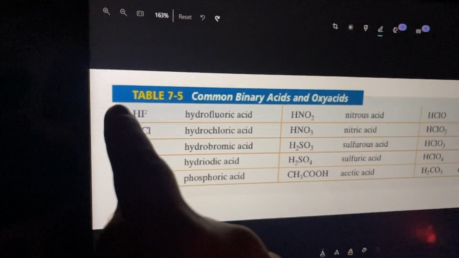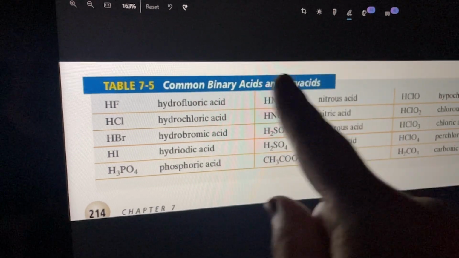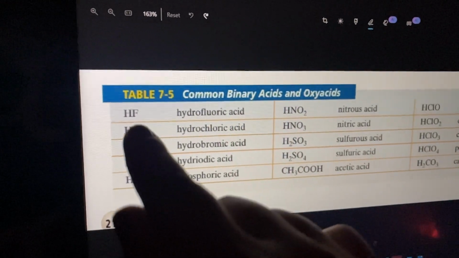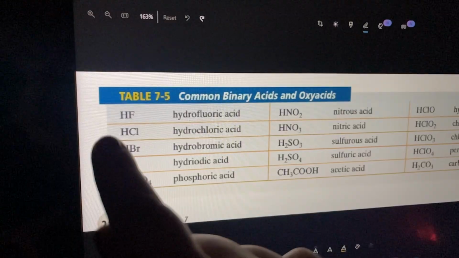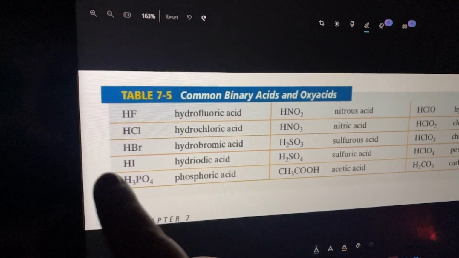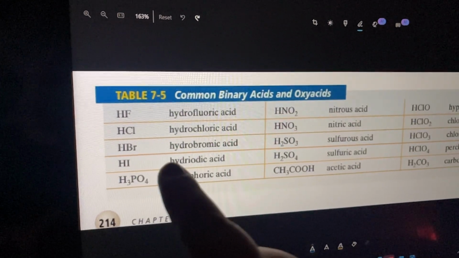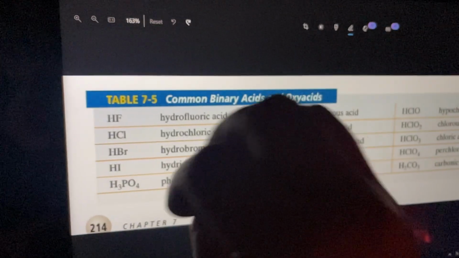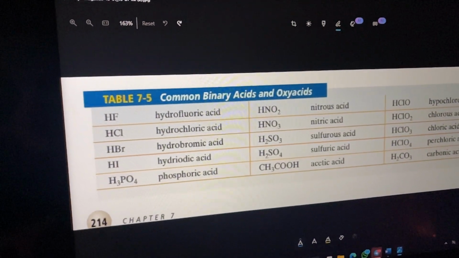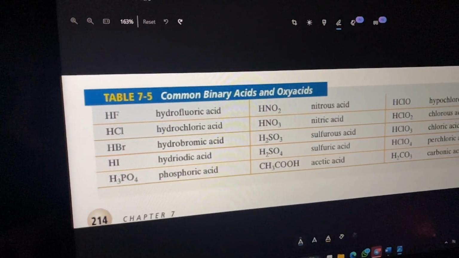It comes with hydrogen. Why does it come with hydrogen? Because the symbol for acid is hydrogen. So hydrogen with an element in group 17, which is HF, HCl, HBr, HI, those we call binary acids.